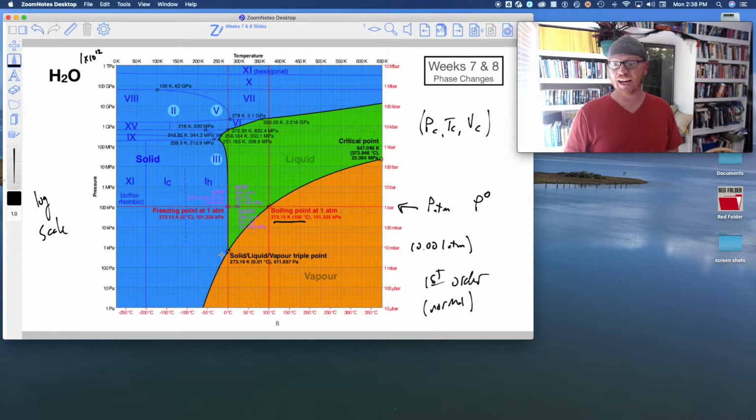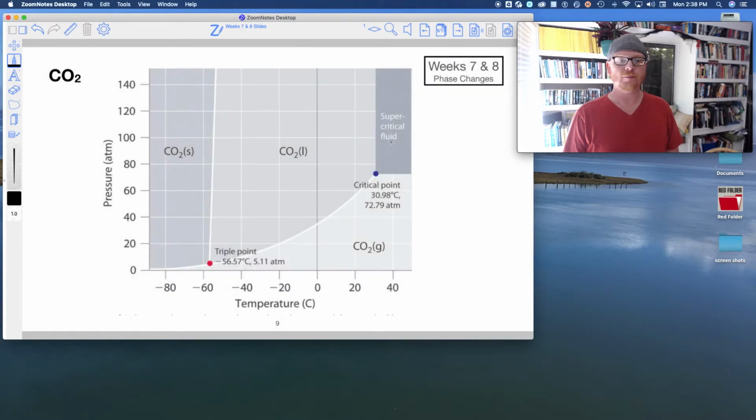That is the indication that the solid phase of water is less dense than the liquid phase, which is rare, right? Everything else has a positive slope between the solid and liquid phase, because everything else has a solid phase that is more dense than the liquid phase.